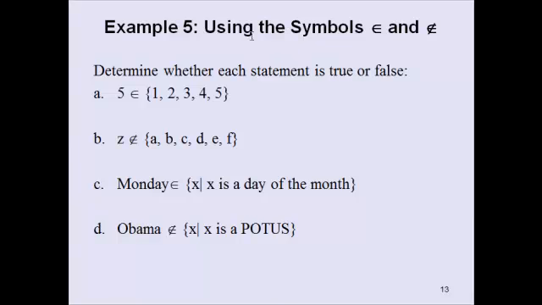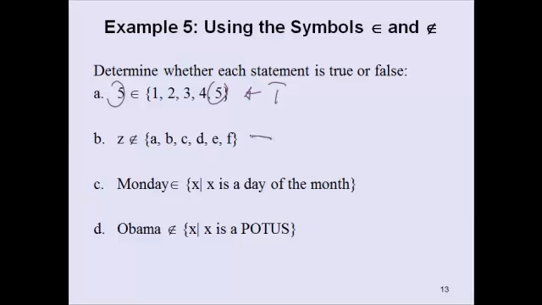So we want to use them, okay? So determine whether each statement is true or false, right? Is 5 an element of the set 1, 2, 3, 4, 5? Well, of course, yes. This one is definitely true because there's the 5. It's definitely an element of the set. Now, what about Z is not an element of A, B, C, D, E, F?